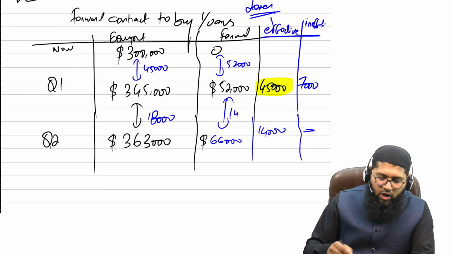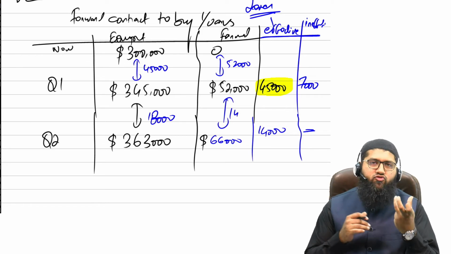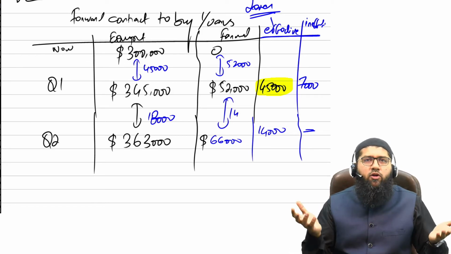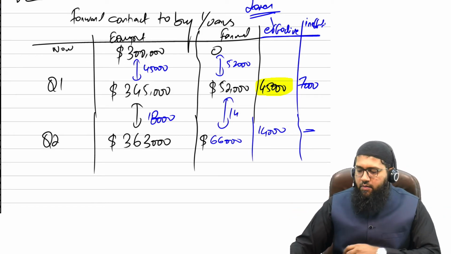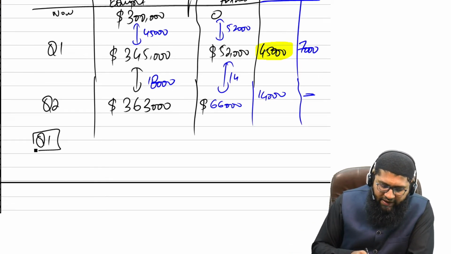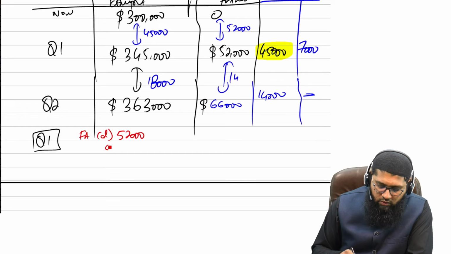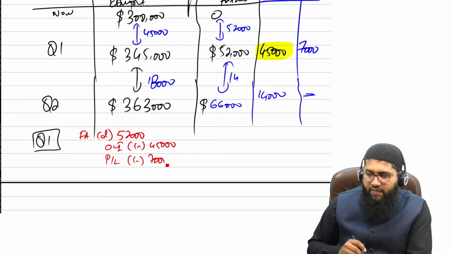Why? Because we are only recognizing the hedging instrument. I've entered into a forward contract only to hedge against this purchase of the asset. So what am I going to do? At the end of quarter one, my double entry is: the financial asset debited by 52,000, OCI credited by 45,000, P&L credited by 7,000.